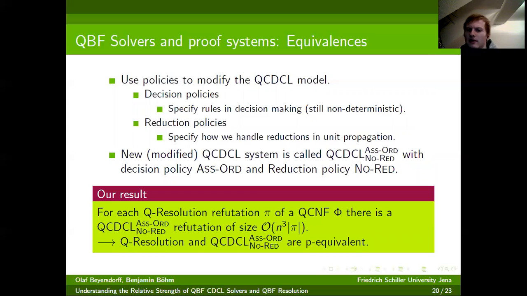Our result here is that for each Q-resolution refutation pi, there exists a refutation in our new system, QCDCL asserting order and no reduction, of also polynomial size. So these two systems are p-equivalent.